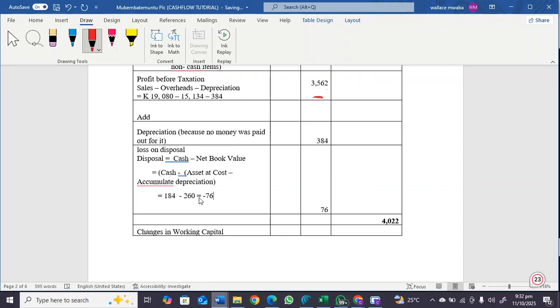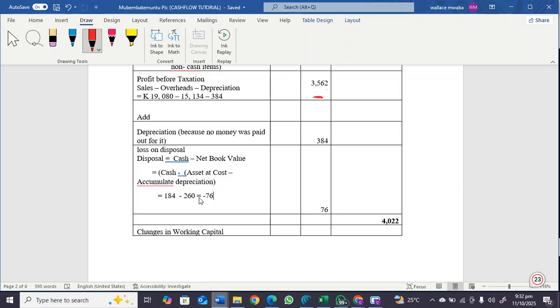A negative value means you've made a loss. A positive value means you've made a gain. I repeat: after you've done cash minus the net book value, if you get a negative, there was a loss. When selling this asset, you sold it at a lower price, so there was a loss on disposal. If you get a positive value, it means when you sold the asset, there was a gain on the disposal.